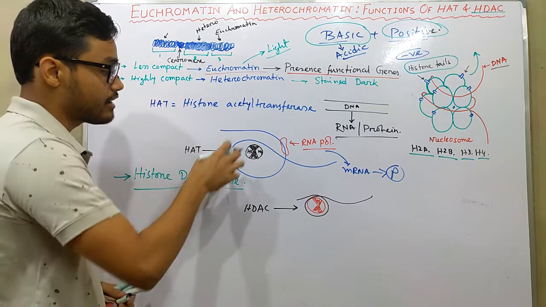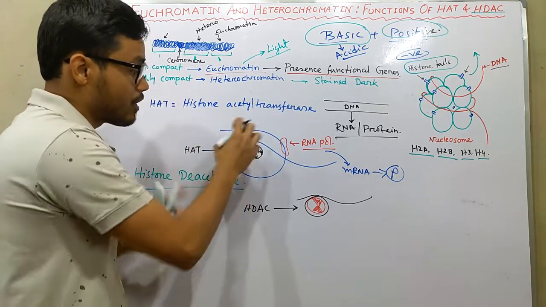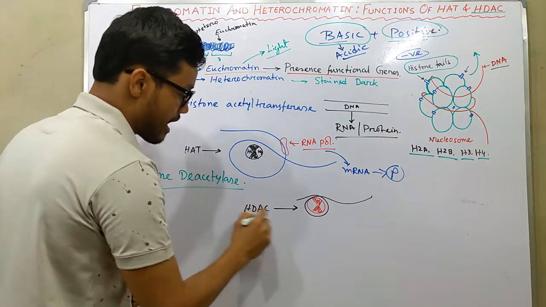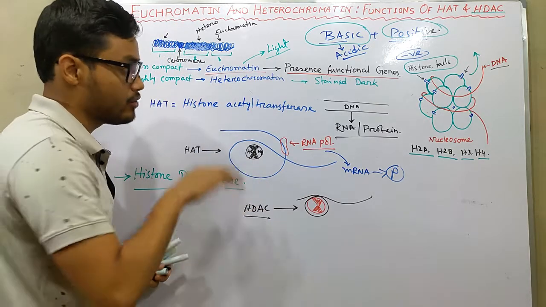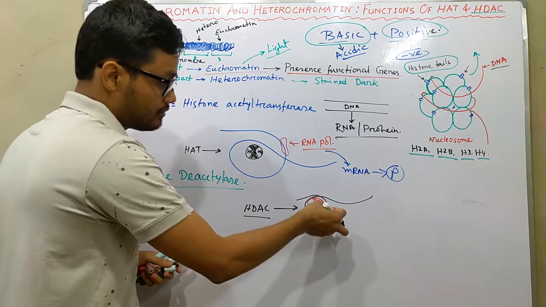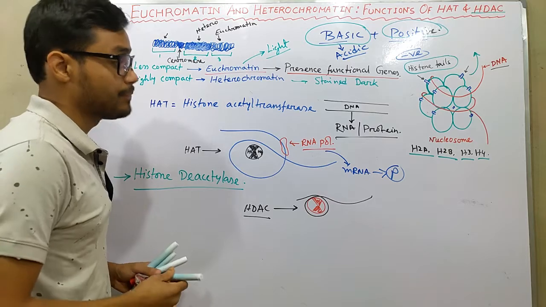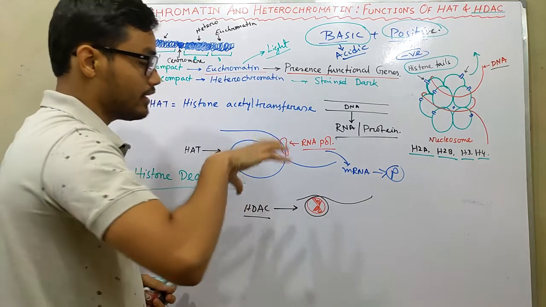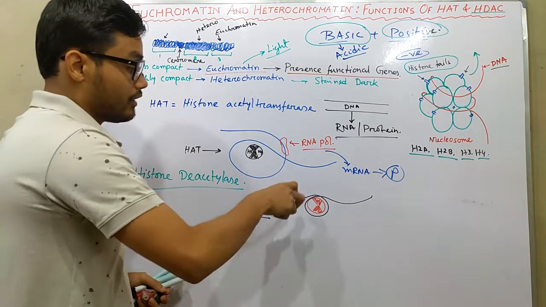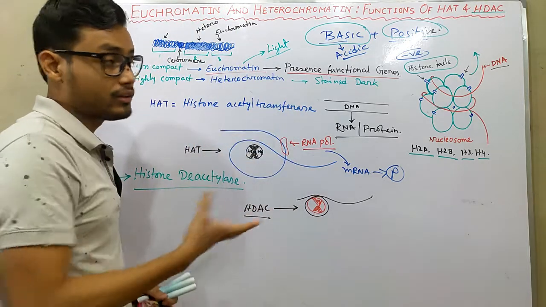So histone acetyltransferase loosens the grip of the DNA from the nucleosome, and HDAC removes the acetyl group from the histone tails, and it helps the nucleosome form its original shape again, and that is how it forms a particular chromatin structure.